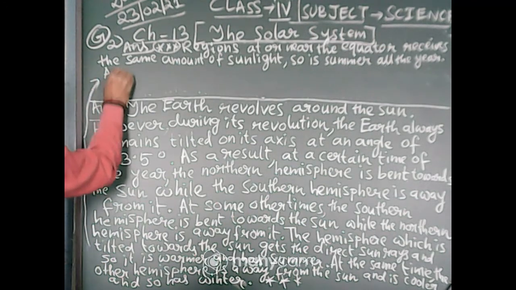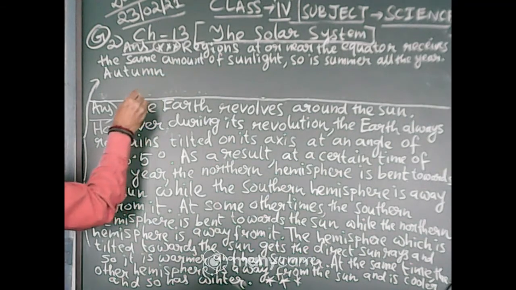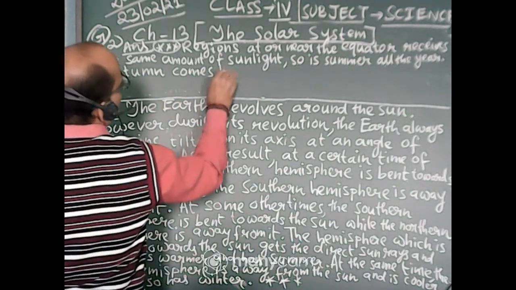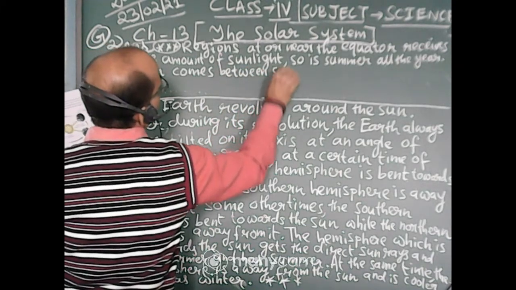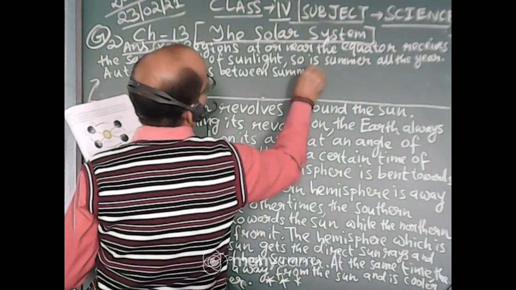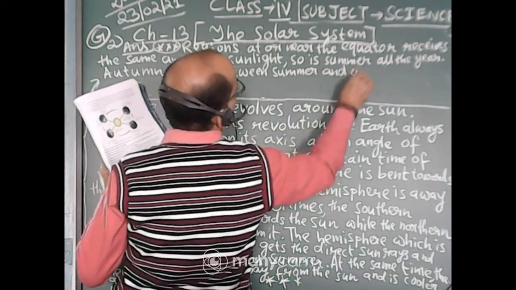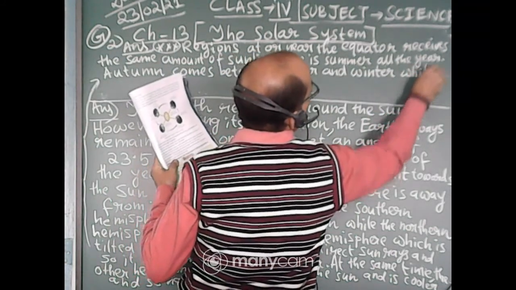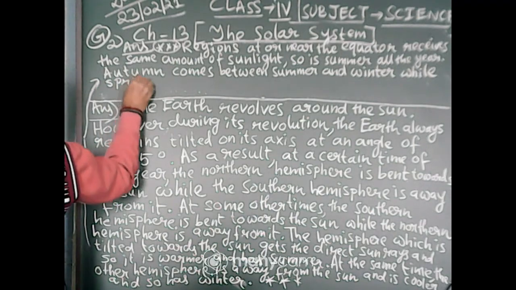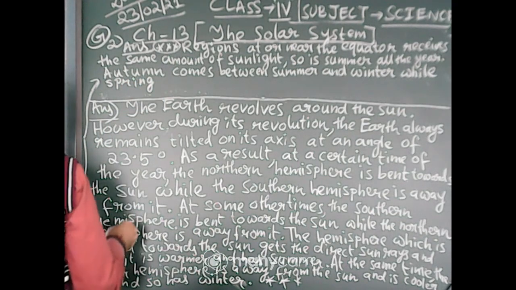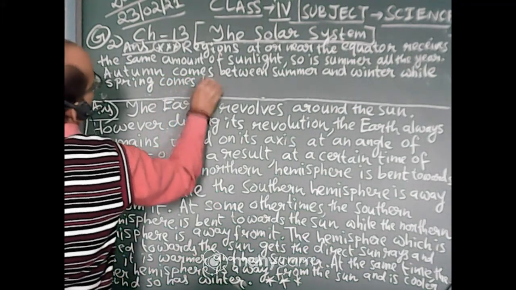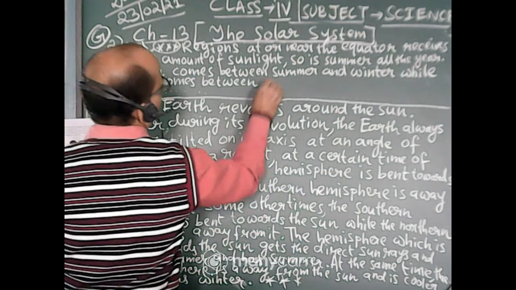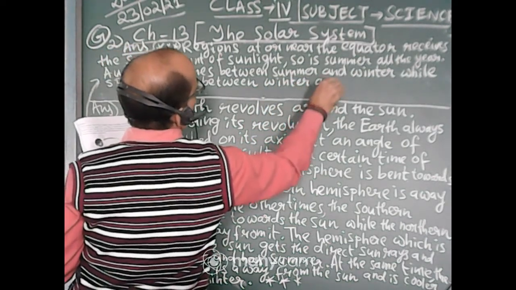Autumn comes between summer and winter, while spring comes between winter and summer.